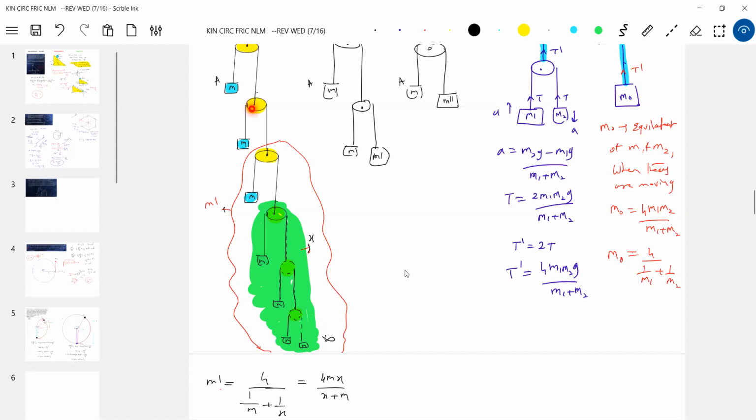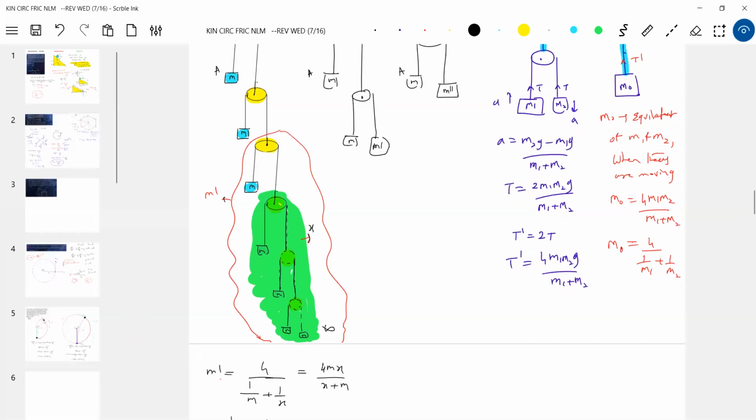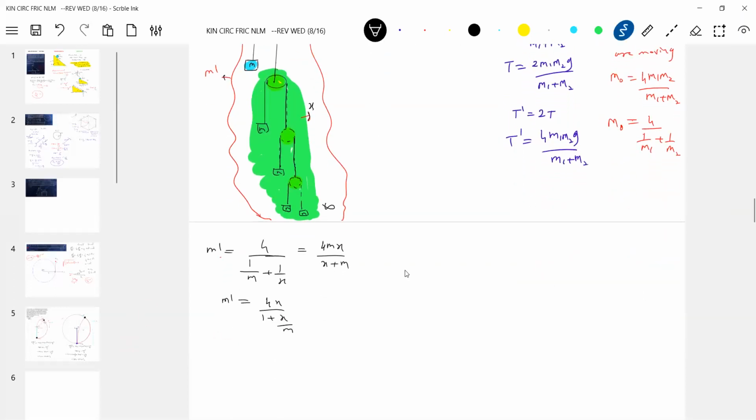This is a fixed pulley. All these are mobile pulleys. So what is m dash? Effective mass from the nth to n minus 1 pulley here. Let me define m dash: effective mass of n to n minus 1 pulleys, not the mass of pulleys. Again, overall, I'm just expressing that particular diagram here.